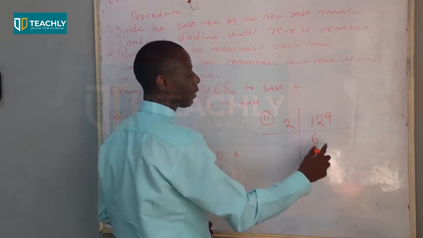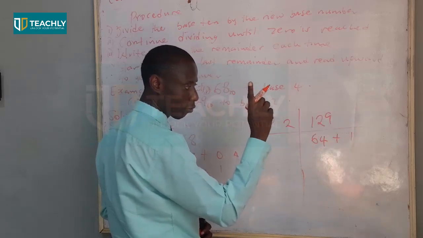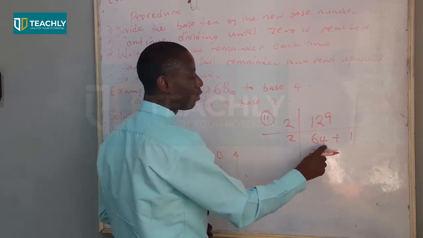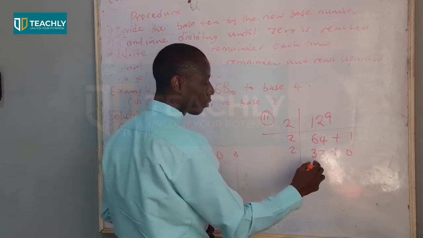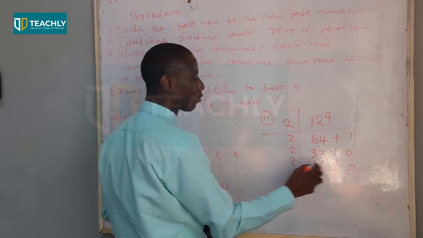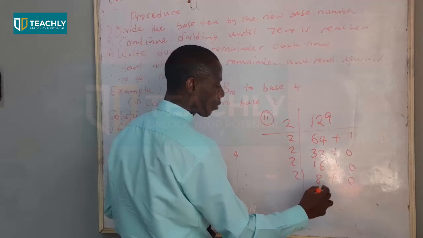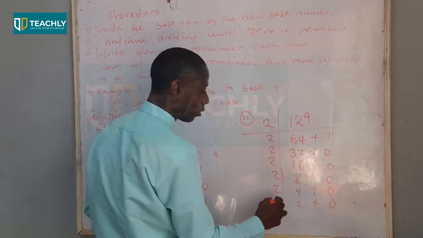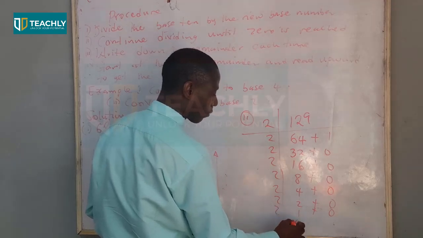Then 2 in 9, we are going to get 4, remainder 1. 2 in 6, I'm going to get 3. 2 in 4, I'm going to get 2. 2 in 3, I'm going to get 1. 2 in 16, you are going to get 8, remainder 0. 2 in 8, you are going to get 4, remainder 0. 2 in 4, you get 2, then 2 in 2, 1, then 2 in 1 you are going to have 0.